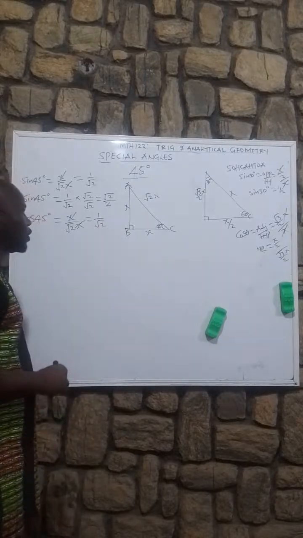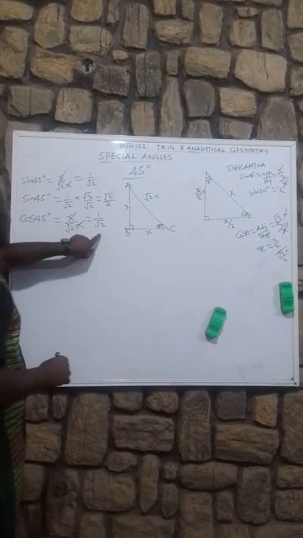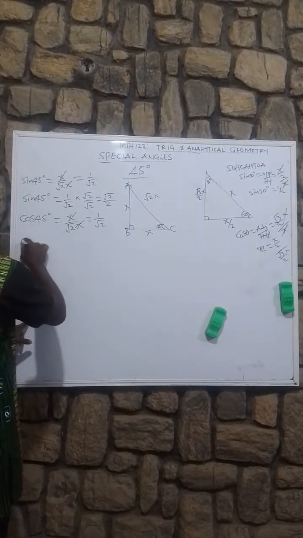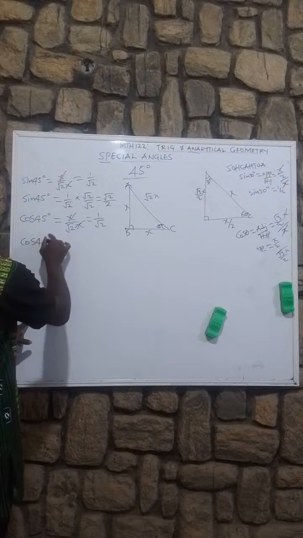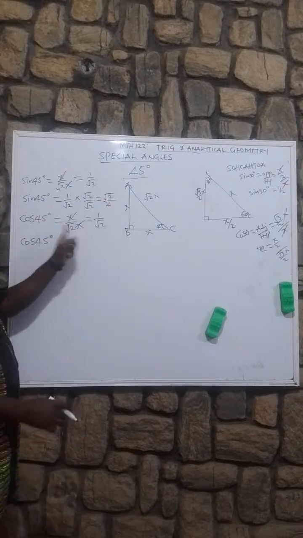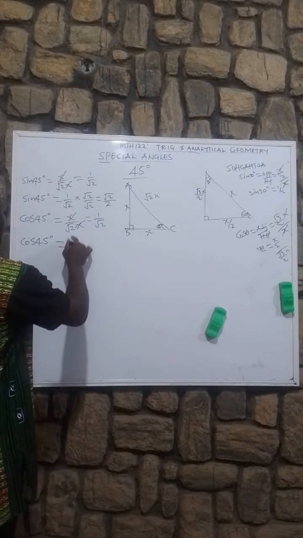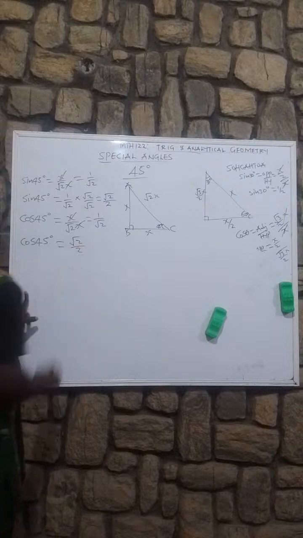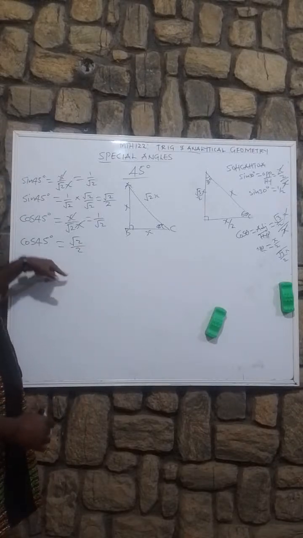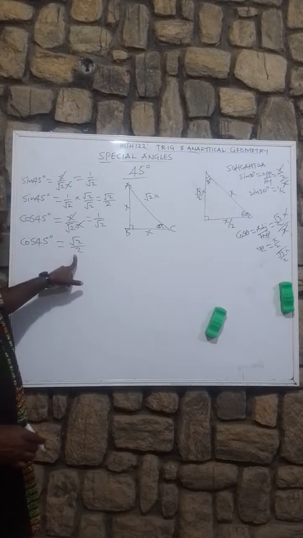True or false? So we are going to do the same thing. When you rationalize, you arrive at the same answer. True or false? This is equal to root 2 all over 2. This implies that cos 45 degree and sin 45 degree are the same.